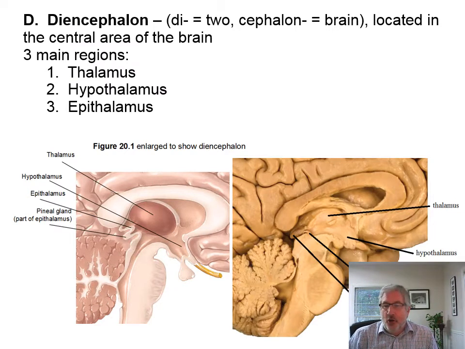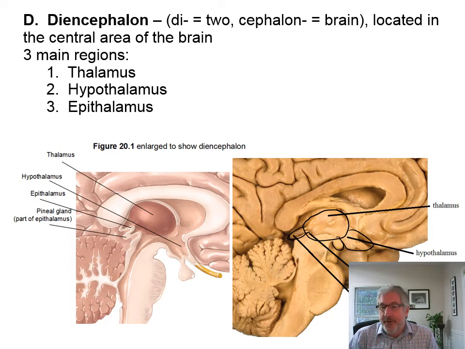Here's an enlarged view of the diagram along with the dissected cadaver brain, showing the thalamus here. And you have the pineal gland sticking off the back here. And you have the hypothalamus here. And you also have the mammillary body, so this actually goes with the midbrain there. There's your mammillary body there.